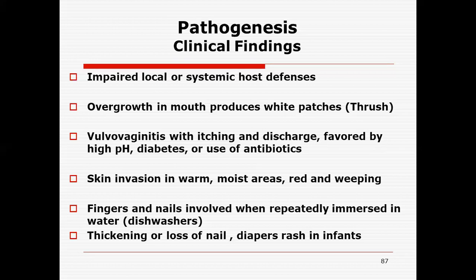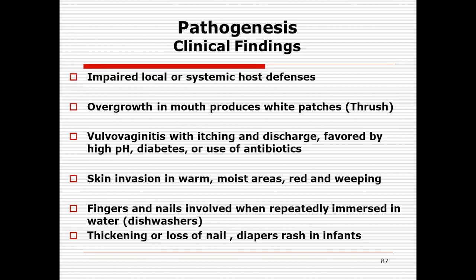Of course, the organism can be seen in individuals who have cell-mediated deficiency. This means the cell-mediated immune response is the second line of defense, and individuals with neutropenia have also been proven to be predisposed to this infection.